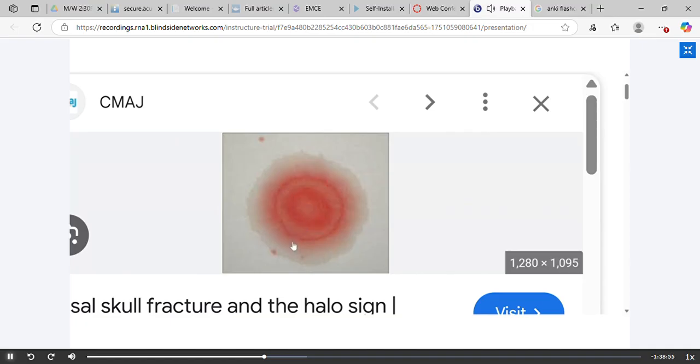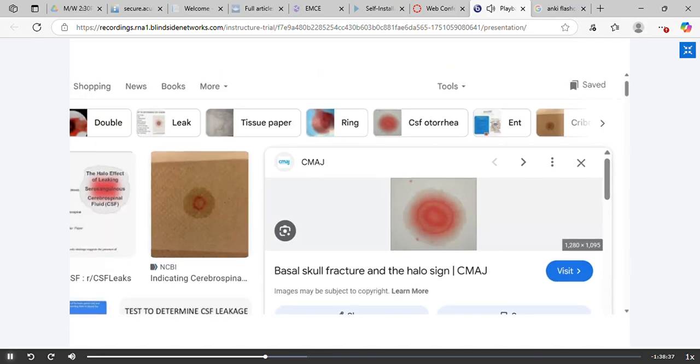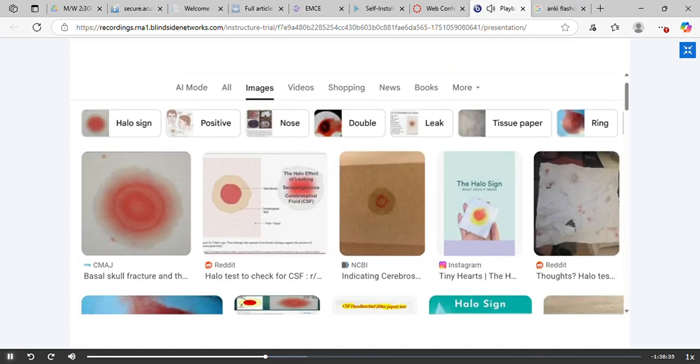So here's the blood in the middle, but it has kind of this ring of lighter colored fluid. That right there is actually cerebrospinal fluid. And the presence of CSF, or cerebrospinal fluid, tells us that we have a skull fracture. Okay, it tells us that we have that basilar skull fracture.